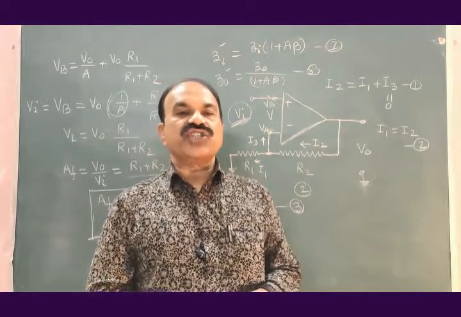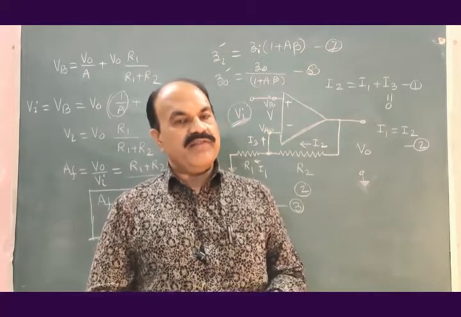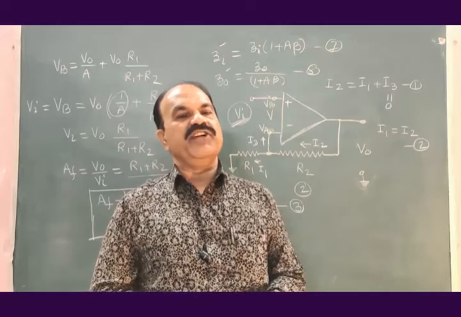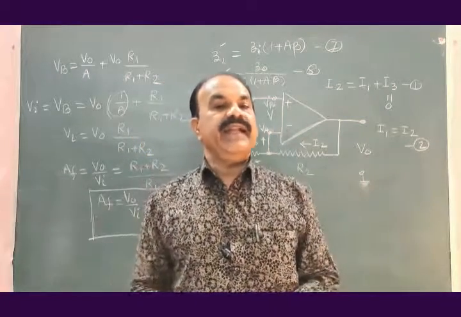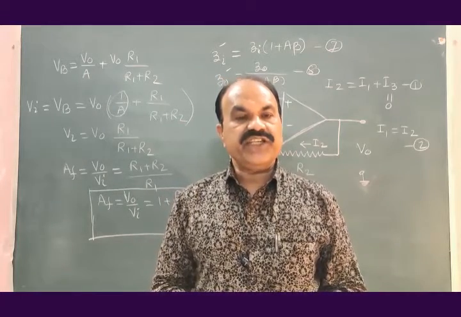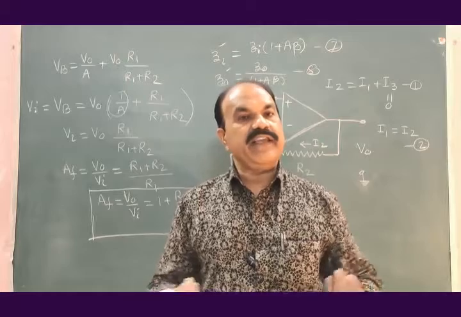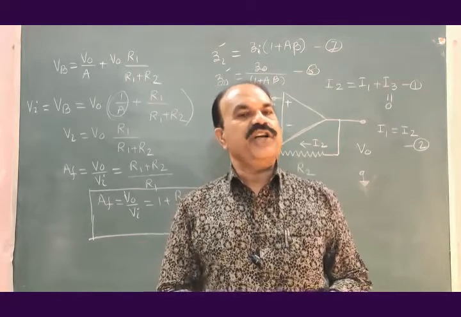This is the cost advantage of using op amp as inverting and non-inverting amplifier, because it provides infinite bandwidth. Any voltage, AC or DC, can be amplified equally by using op amp in inverting and non-inverting mode.